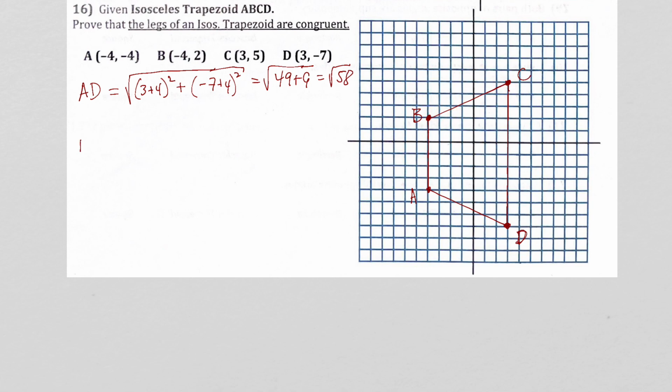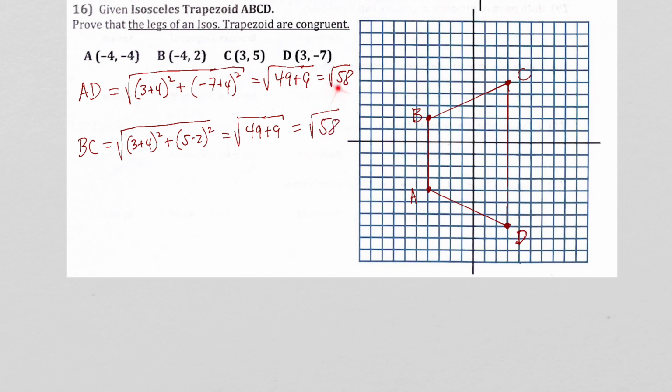The distance formula for BC is the square root of the difference of the x's, which is 3 minus negative 4 squared, plus the difference of the y's, 5 minus 2 squared. This is 7 squared, which is 49. This is 3 squared, which is 9. And so this is also the square root of 58.